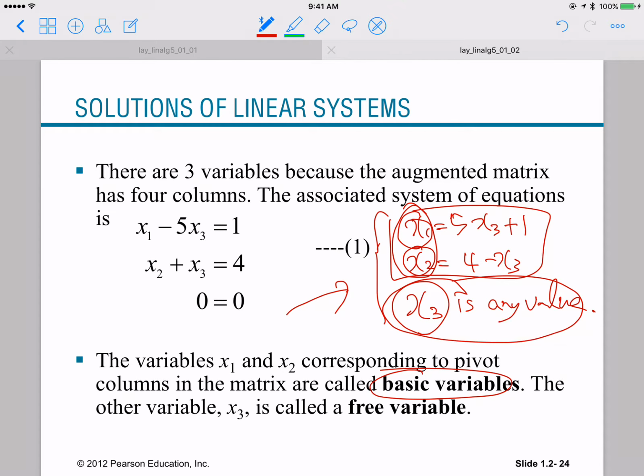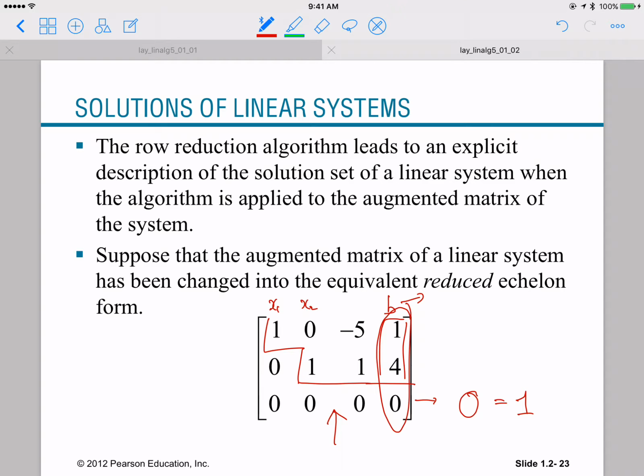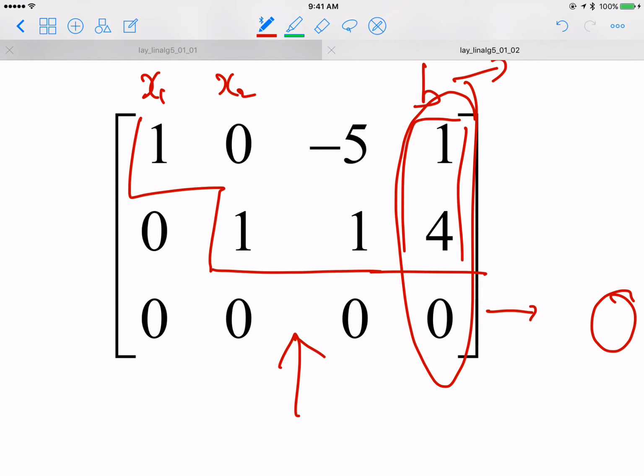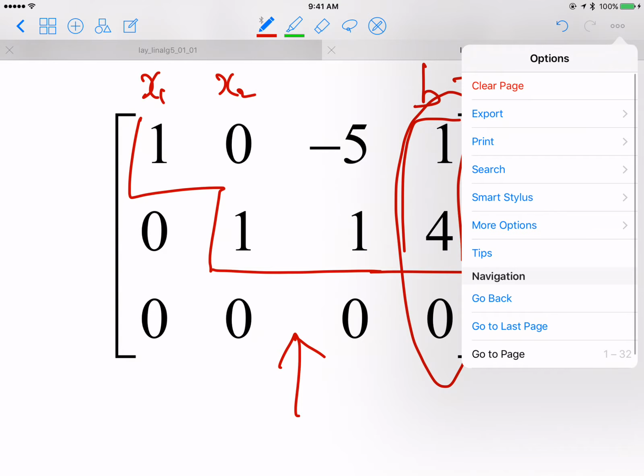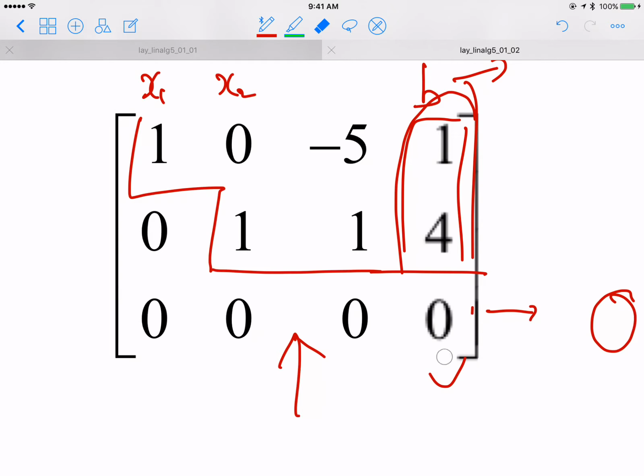But what about the case where you have no free variable? So in that case, let's think about this case. So this value was 1 and this value was 3.